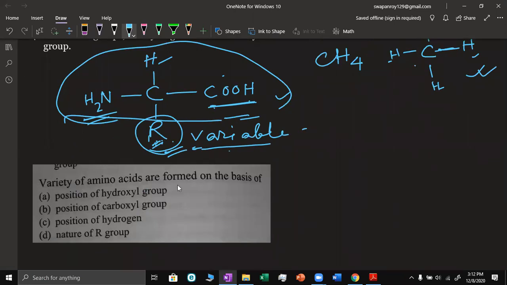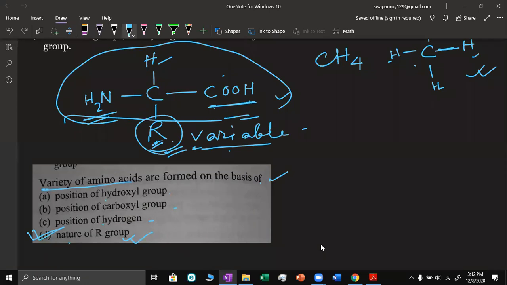Here is the same question I just told you about. The variety of amino acids is formed on the basis of position of hydroxyl group, position of carboxyl group, position of hydrogen, or nature of the R group. The variety of amino acids is due to the nature of the R group.